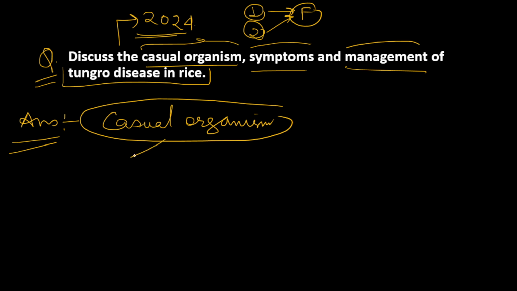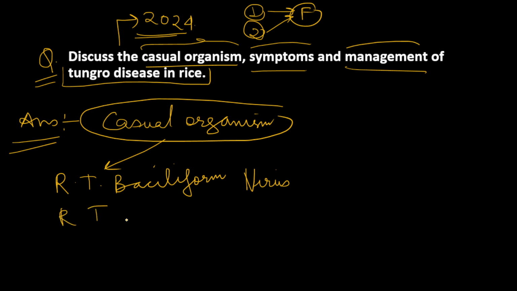The first virus is the rice Tungro bacilliform virus, and the second one is the rice Tungro spherical virus. These two are the viruses which lead to Tungro disease.